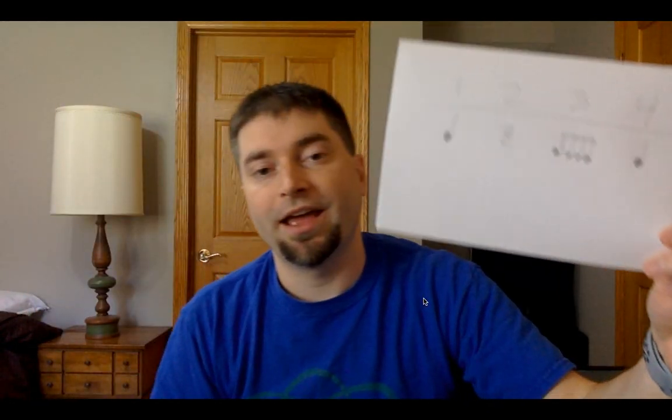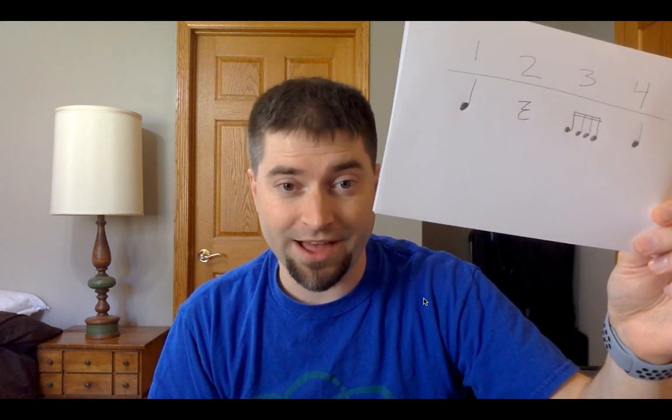Now, here's your Seesaw response for this week. Take that piece of paper that you wrote those rhythms down on, and take a picture of that. And also, you are going to fill in some missing information.